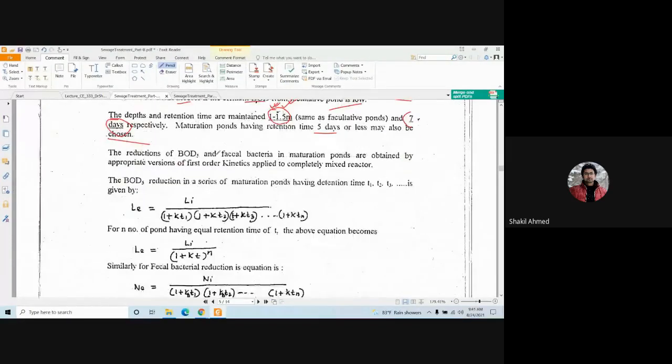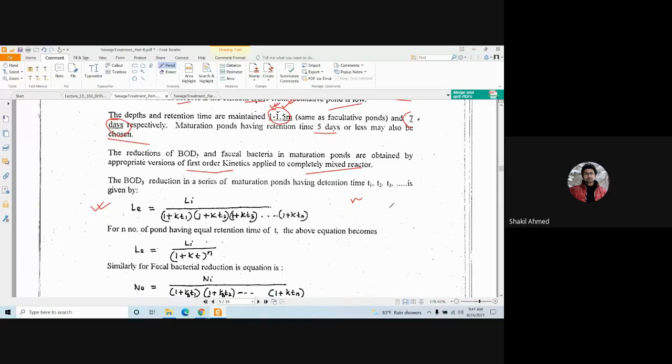The reduction of BOD and fecal bacteria in maturation ponds is obtained by an appropriate version of first order kinetics applied to a completely mixed reactor. I already told you that if you have multiple ponds, n number of ponds, then you can write Le equals Li over 1 plus KT1, 1 plus KT2, 1 plus KT3.